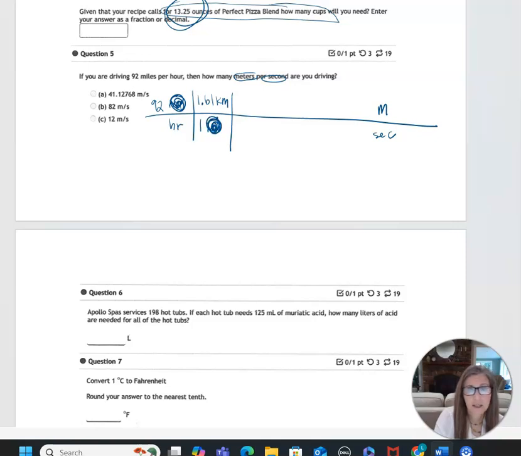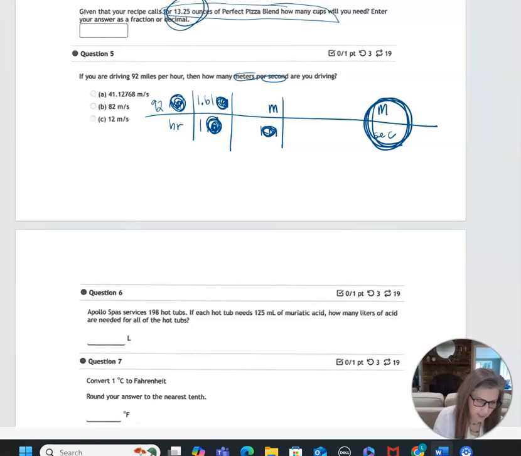Now I've got to get kilometers into meters. So I need this kilometers to cancel, and I'll have meters on the top. Now remember, this is my goal. I'm trying to get meters on top and seconds on the bottom. So here we go. I'm getting ready to have that meter on the top. I'll worry about the seconds next. This kilometer here will cancel with this kilometer here.